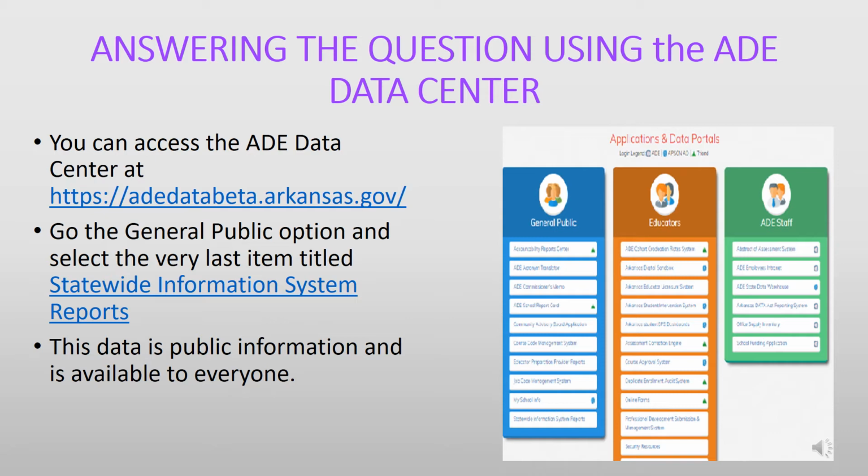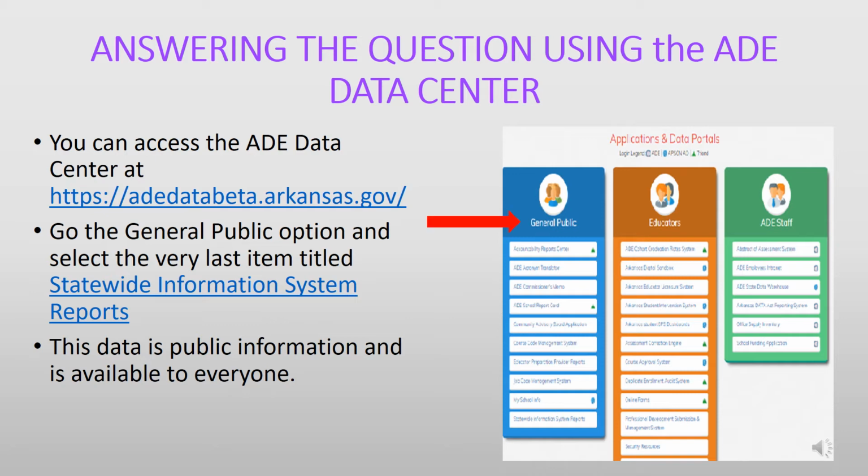That is adedatabeta.arkansas.gov. You will see 3 columns under the heading of Applications and Data Portals.